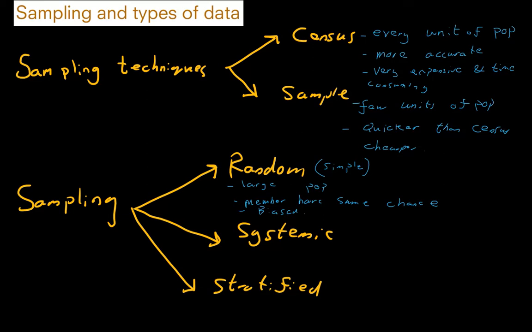Okay, so systemic, the population is the same or homogeneous. So homogeneous means the same. It's evenly sampled.